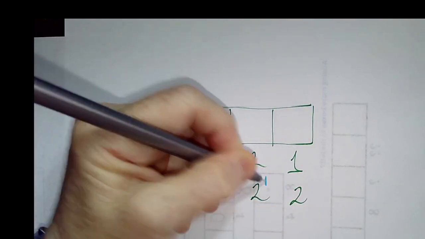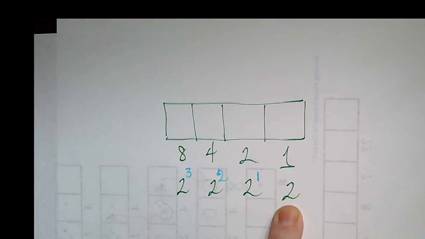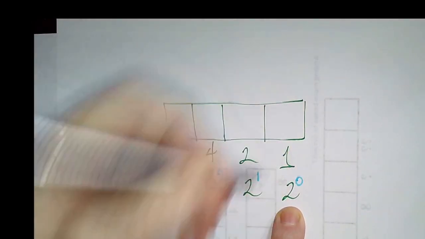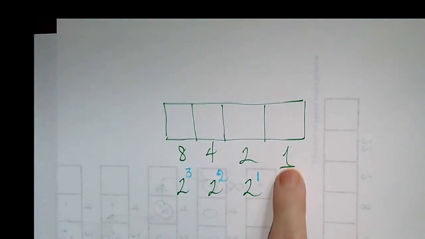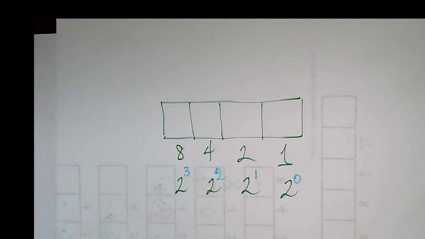2 to the 1 power is 2. And any number to the 0 power is 1, except 0 to the 0, which is not defined.